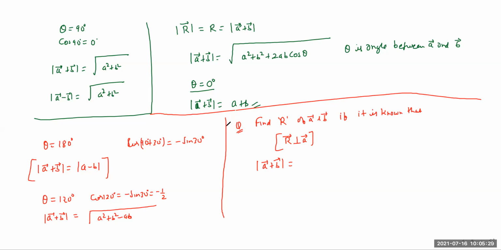Yeah, it's under root of B square minus A square, correct. Because R is perpendicular to A, it is again a Pythagoras. The resultant itself is perpendicular to A vector.